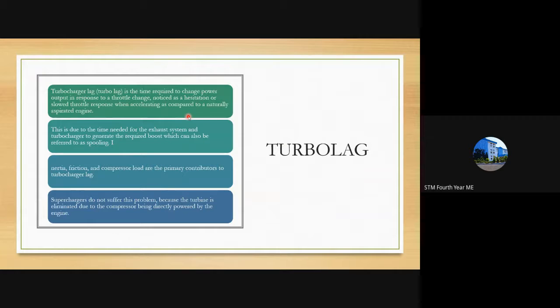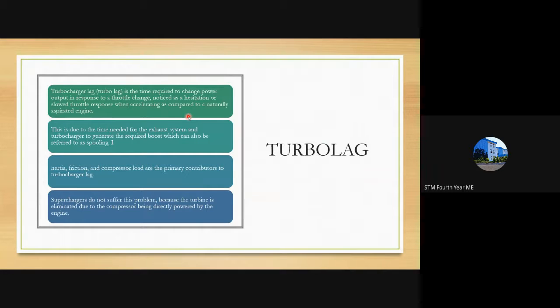In a naturally aspirated engine, we get the power based on the accelerator pedal itself. But when using a turbocharger, the problem is that when we press the pedal, there is a lag before the engine power reaches the wheels.